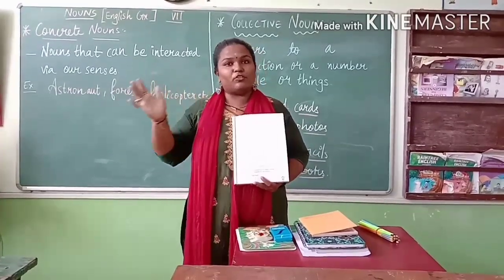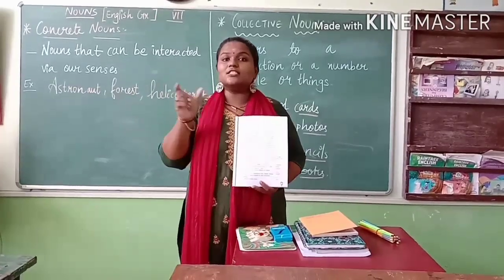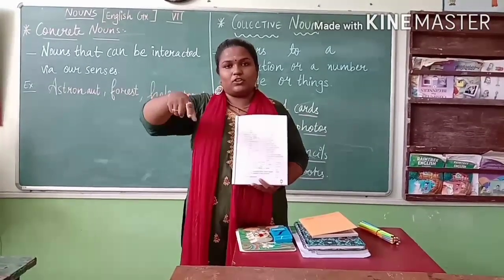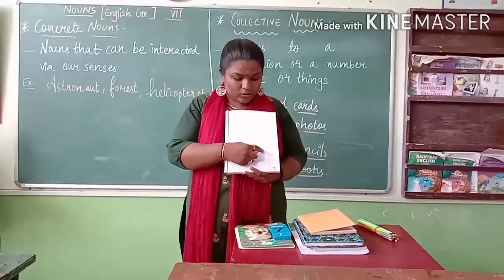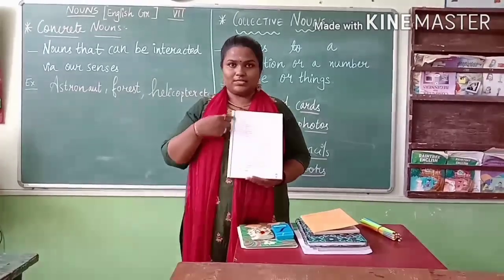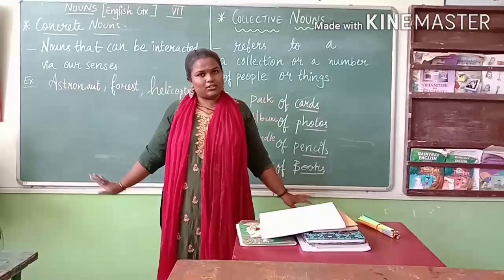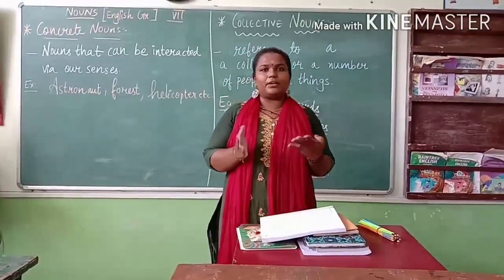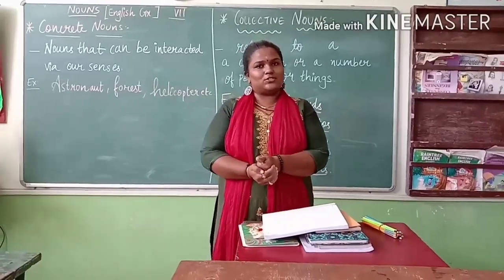But if a group of people are attending some religious function or a religious occasion, that collection can be termed as congregation. So you have to go through these words for what they are referring to and the whole list. I hope you have understood what are collective nouns, what are concrete, what are abstract, proper and common. If you have any doubt, you can ask in the evening between 6 to 7.